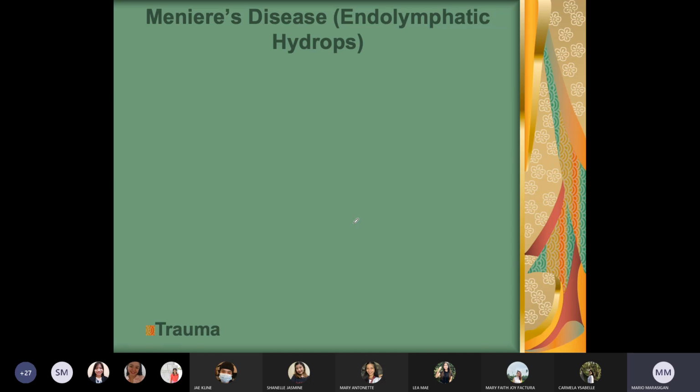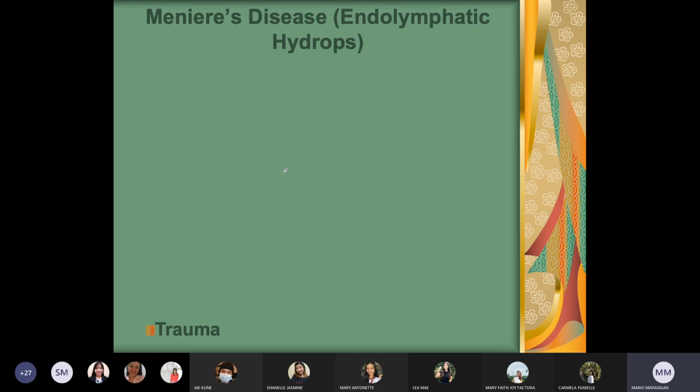Kaya pagka may upper respiratory tract infections, then the microbes can go easily to the ear, middle ear, right? So management is laryngotomy. Then you have the chronic type. Chronic type is caused by repeated otitis media or pediatric trauma, right?